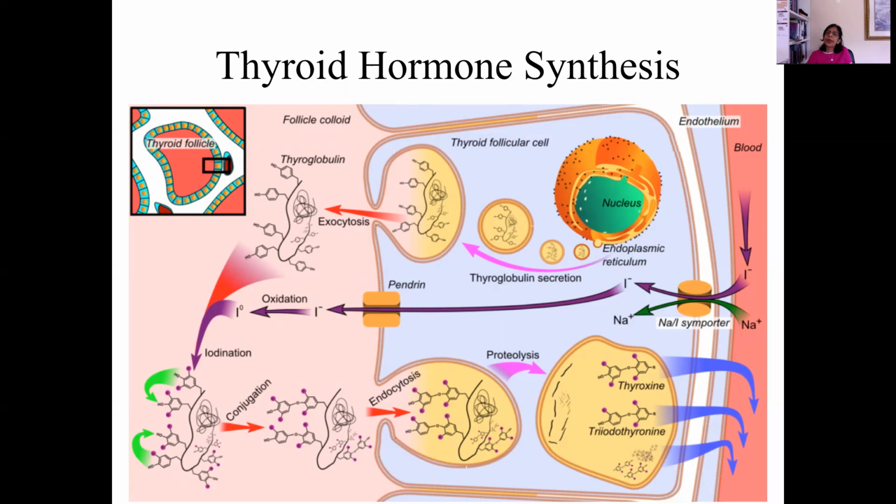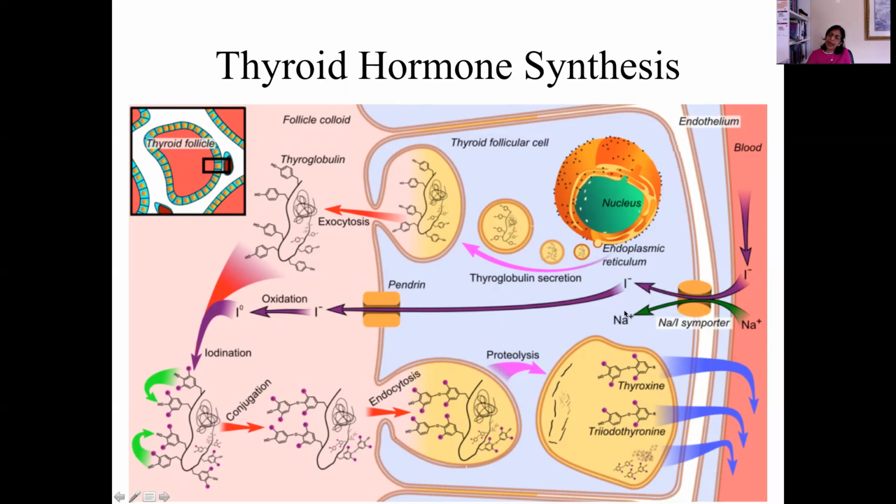So when it reaches the follicle, there is a transporter. This is called a sodium iodide transporter, as the name suggests. So it's a co-transport mechanism for its entry into the cell.